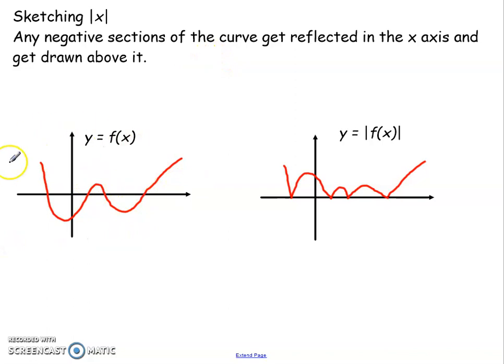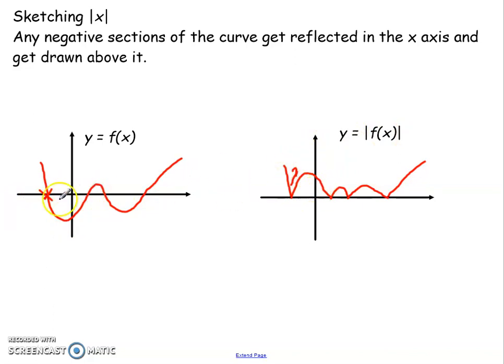So if I was to take this function as an example here, notice I've got a curve that goes below the x-axis, back up, then below again, then back up. If I were to plot the magnitude of that function, it would come down to the point where it was going to cross the x-axis here, but then at that point, instead of continuing down, this section gets reflected back up over the x-axis.